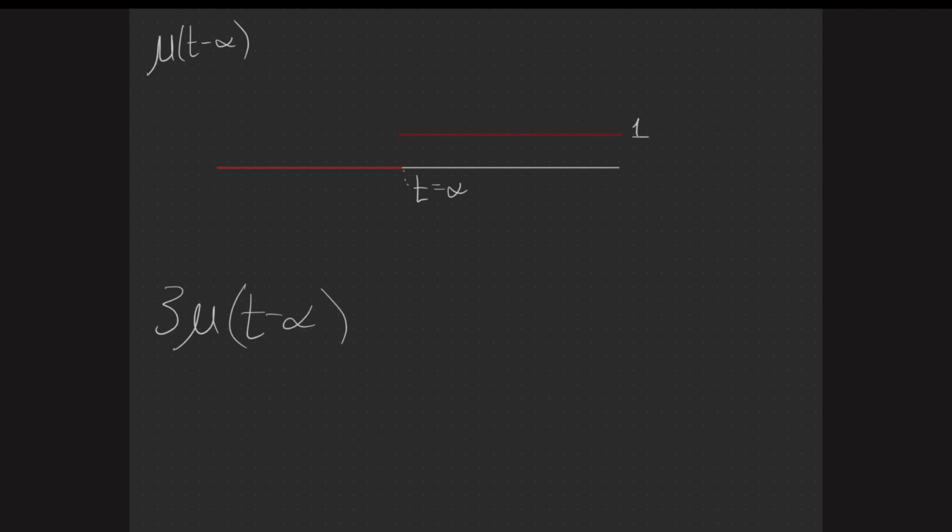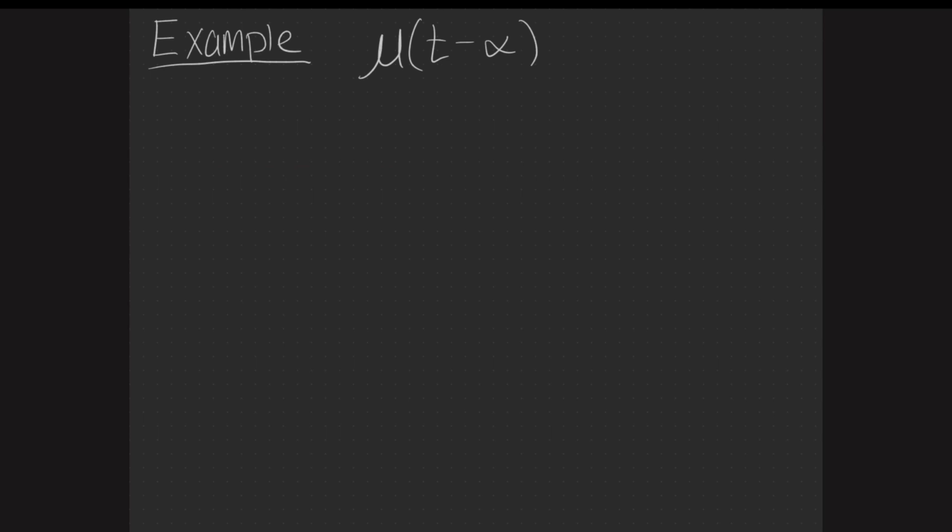This would then look like kind of the same thing, except it jumps to 3. So now let's take the Laplace transform of this. We'll have mu of t minus alpha, and that's going to be equal to this integral from 0 to infinity, e to the negative st, and then mu of t minus alpha.